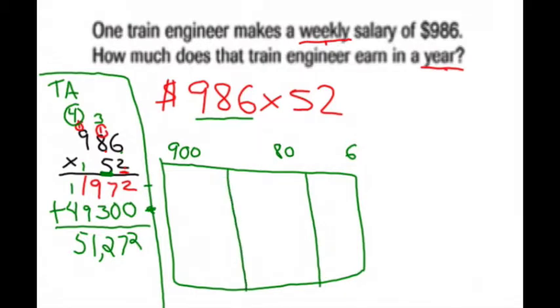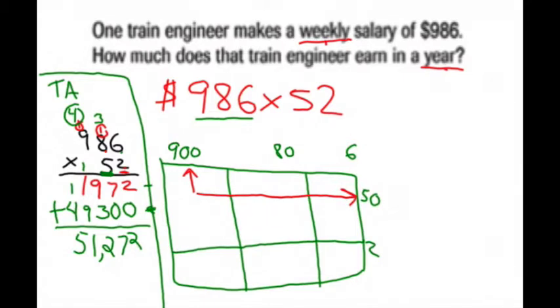And then I take 52 and I divide it into 50 and 2, and then I divide it. So what I've done is I've taken a huge rectangle, 986 long by 52 tall, and I've divided it into 6 smaller rectangles. Okay? And then what I do is I look above and to the side of each rectangle.